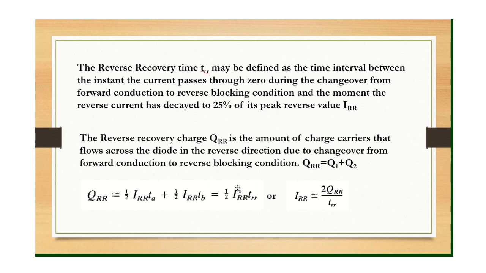Now the reverse recovery charge QRR. All these reverse recovery quantities involve charges, that is minority carriers, that are there even when the diode is reverse biased.